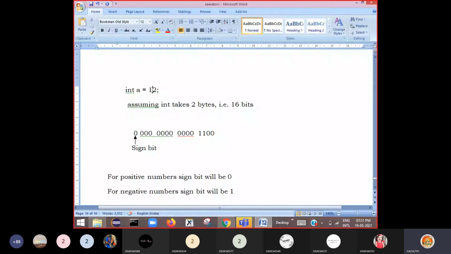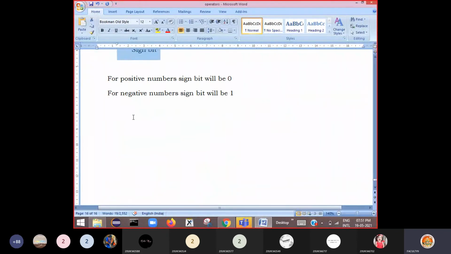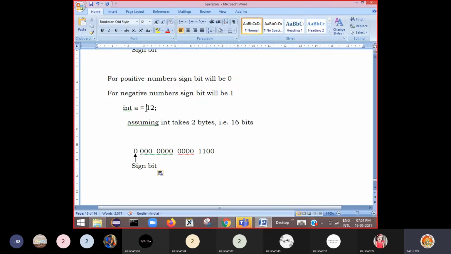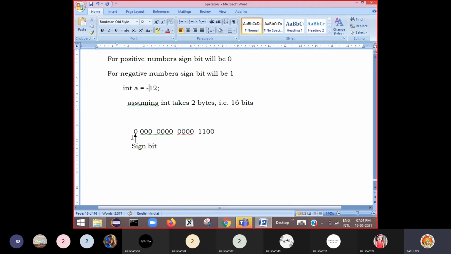Since a is equal to 12, which is a positive number, your sign bit will be 0 here. In the same way, if I give a variable value a is equal to minus 12, then internally it will be represented like this.